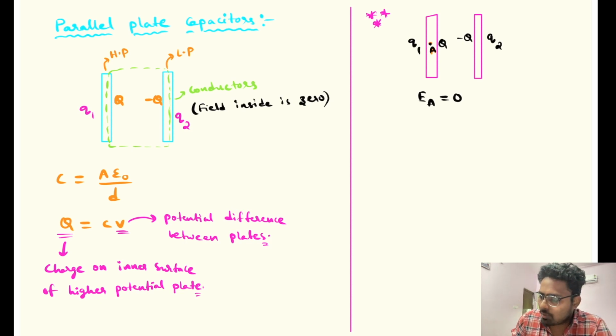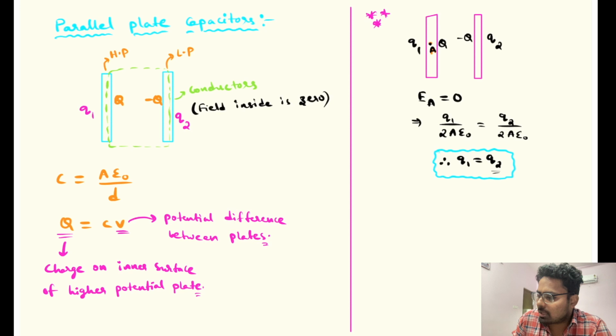So for the net field to be 0, the field due to this Q1 plate must be equal to the field due to this Q2 plate, which is Q1 by 2A epsilon naught equal to Q2 by 2A epsilon naught. Therefore Q1 equals Q2. That means on the outermost plates, the charge must remain the same. This is one more important conclusion that we have derived.